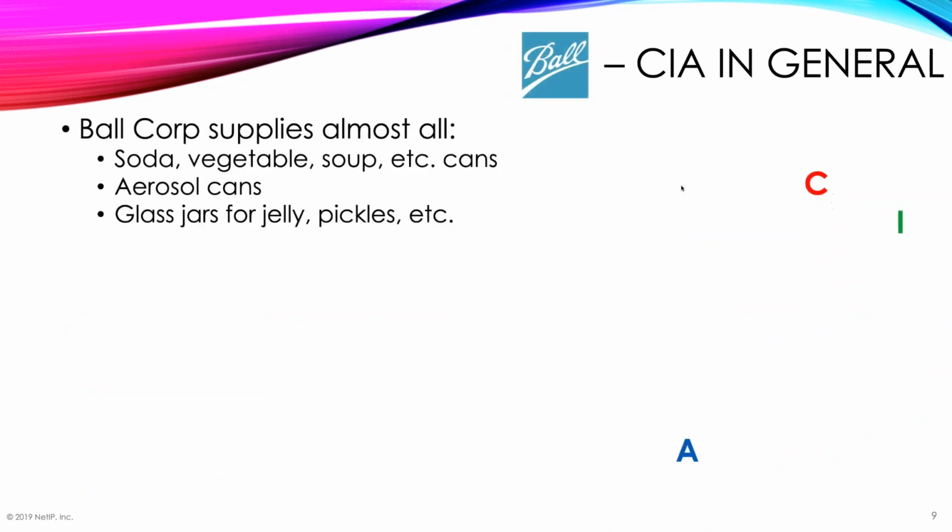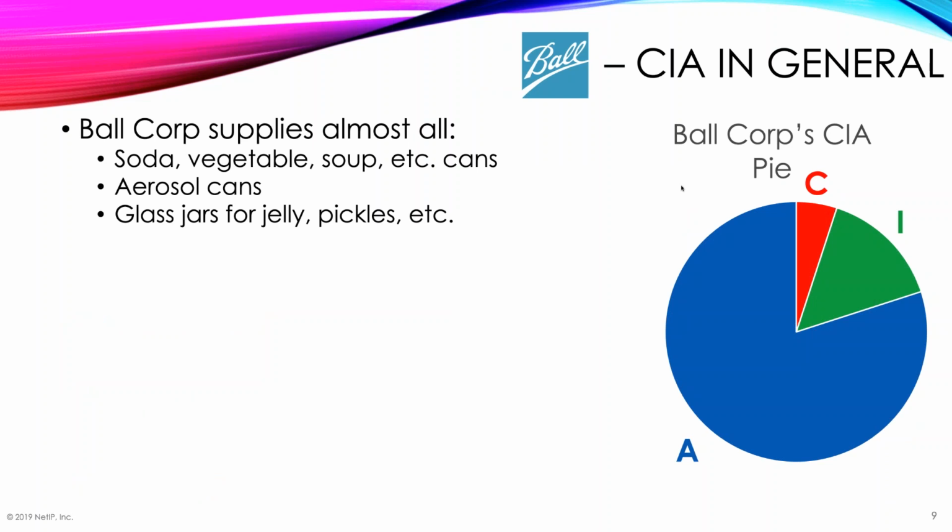If we change over and go instead to Ball Corporation, if you're not familiar, you may remember your grandmother, or even, in my case, my mother, canning vegetables out of the garden using Ball canning jars. Well, that is actually now a subsidiary of the Ball Corporation. It's a very small part of their business, making those jars.